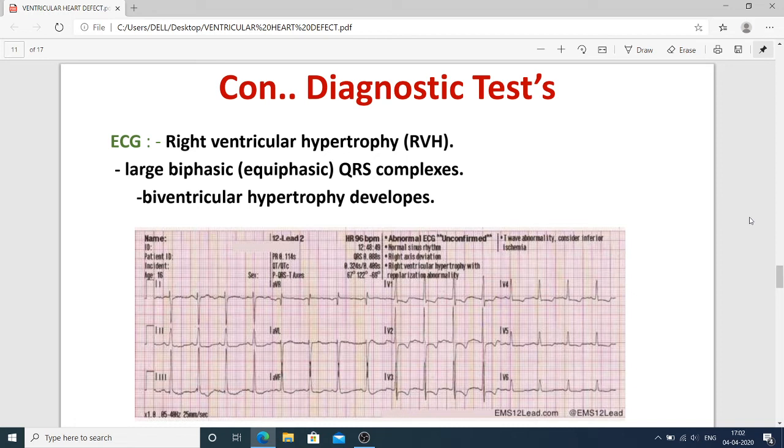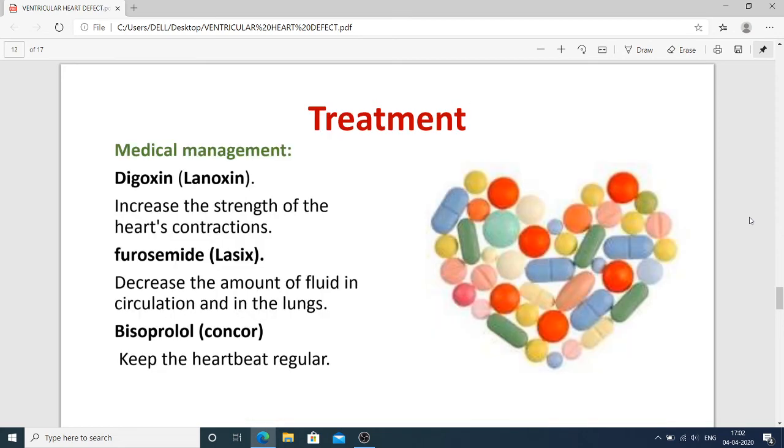Why right ventricular hypertrophy? Because the left ventricle pushes the blood into the right ventricle, and the right ventricle already takes the blood from the right atrium. So there is a collection of blood. That's why the size of the right ventricle is more than the normal.